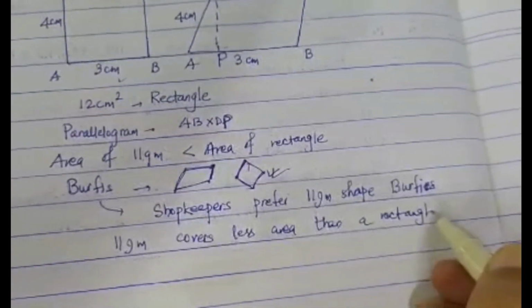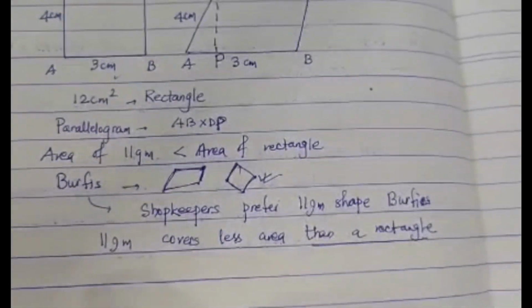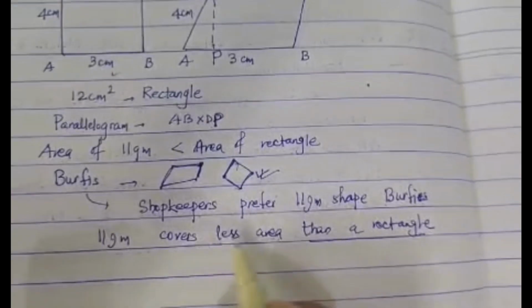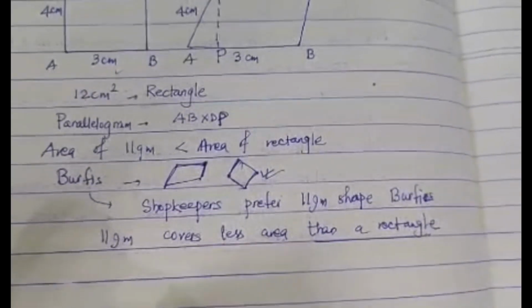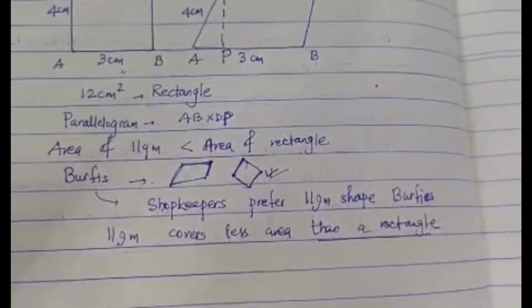So he is in gain always. He will make more profit. He can accommodate more pieces. That is why.